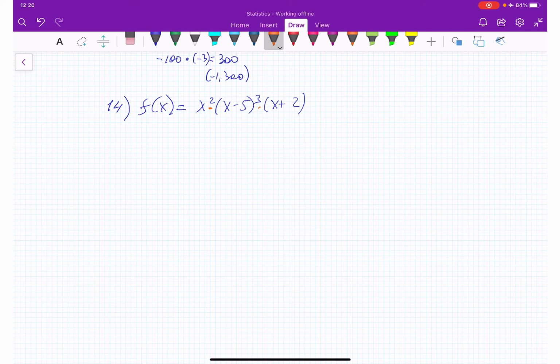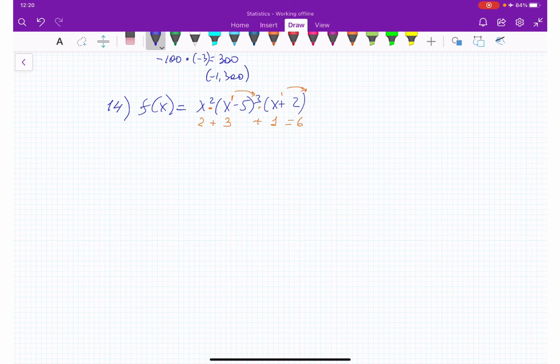X squared has degree 2, plus (x minus 5) cubed, x degree 1 times 3, it's going to be degree 3. And for the second parenthesis, x plus 2 is degree 1. So we get degree 6.